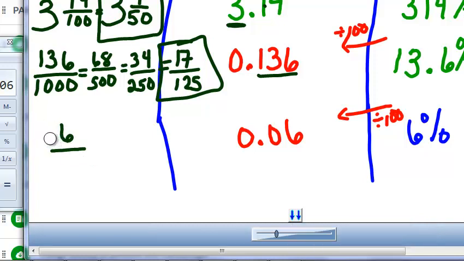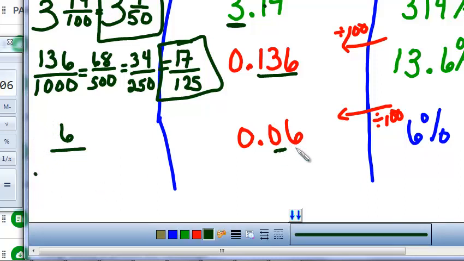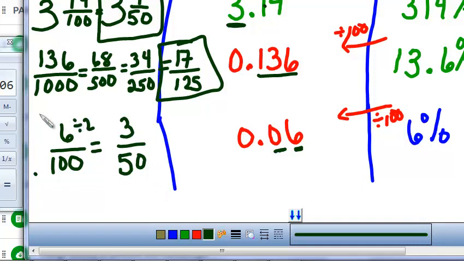So just put 6. And then here you have 2, so it's going to be over 100. And then you can simplify, so you get 3 over 50. That's kind of a tricky one. So remember, it was 0, 6, but I only have to put the 6. I don't need the 0, but it has to be over 100 because there's two numbers there.